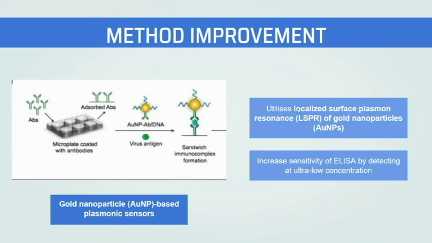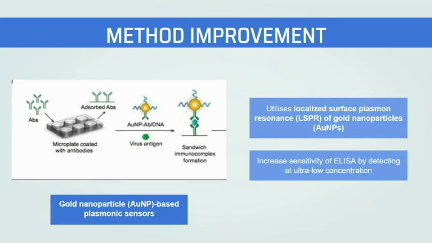Localized surface plasmon resonance is a collective oscillation of electrons at the surface of a nanostructure that is excited by the incidence of light of a larger wavelength than the size of the nanostructure.